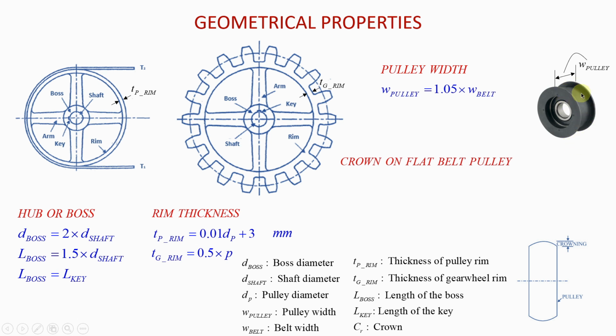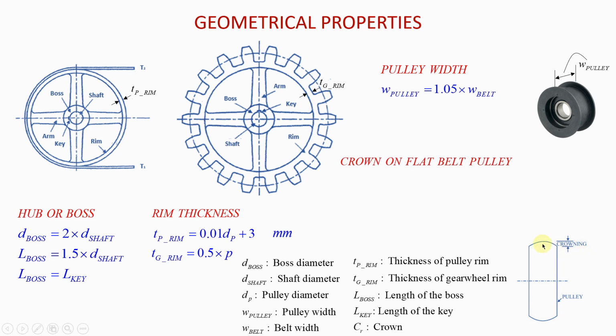So when you have it like that, then of course you do not need to have crowning, because there is no fear that the belt will fall off the pulley. But if you do not have these brackets, as you see on this pulley, then you're going to need to have some level of crowning, because this shape makes it impossible for the belt to fall off the pulley.